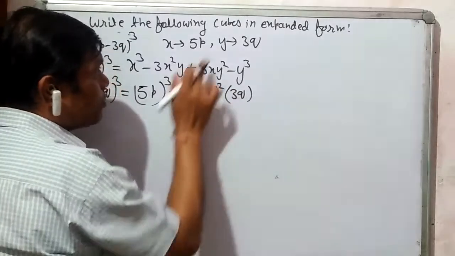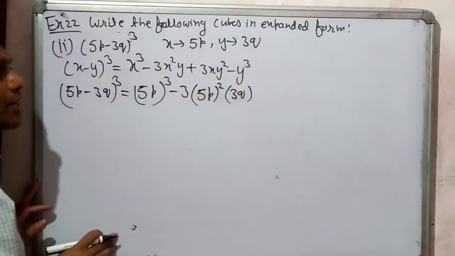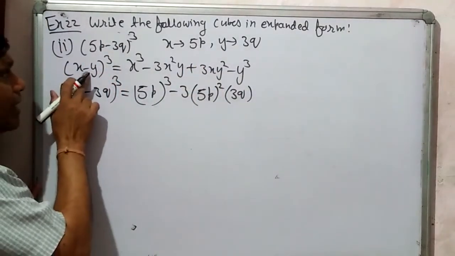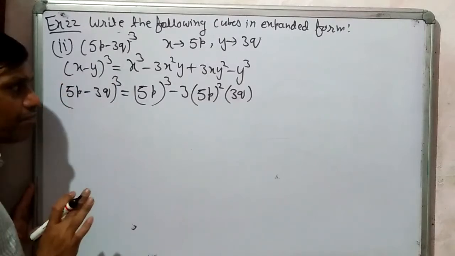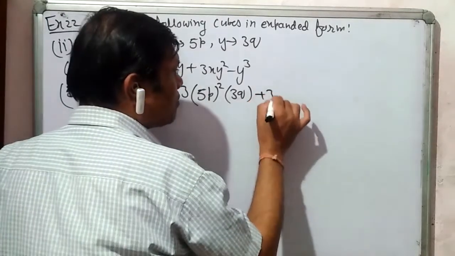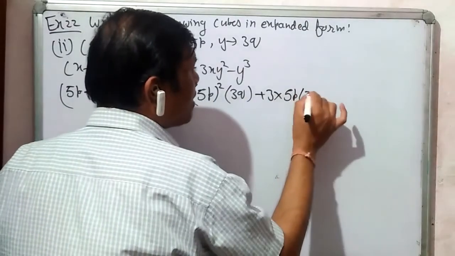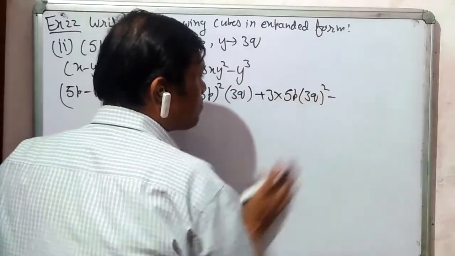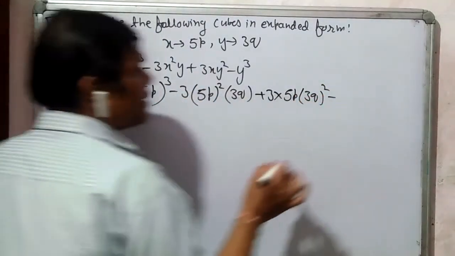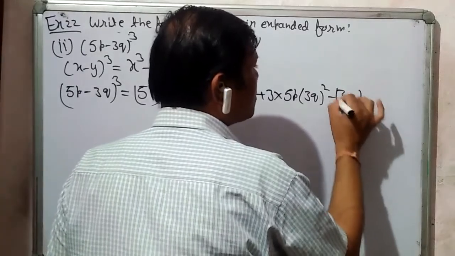No, not minus 3q cube. We have identified y as 3q cube because we are using the identity of subtraction, where the sign is already there. Plus 3x is 5p, y square, 3q cube square, minus y cube, that is 3q cube.